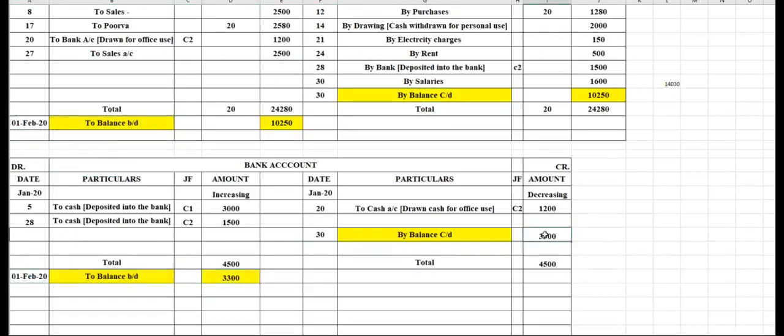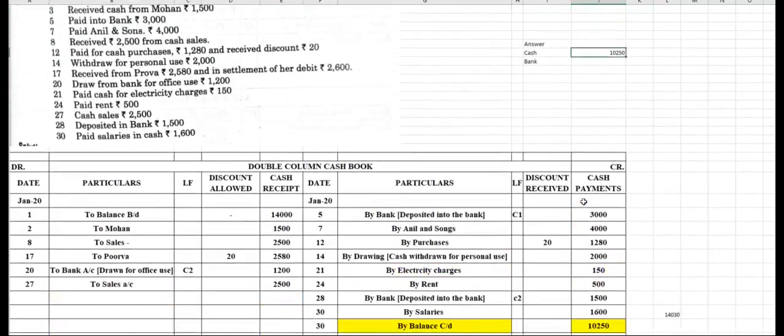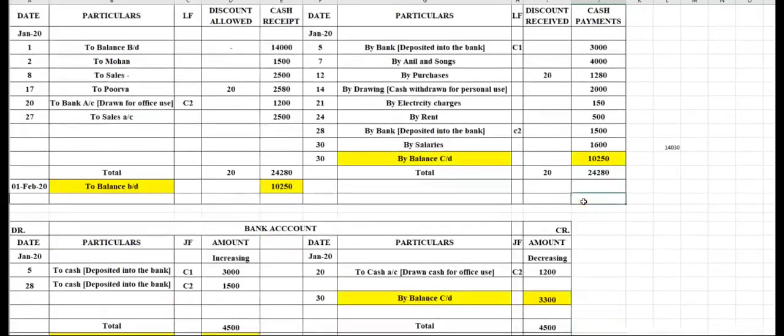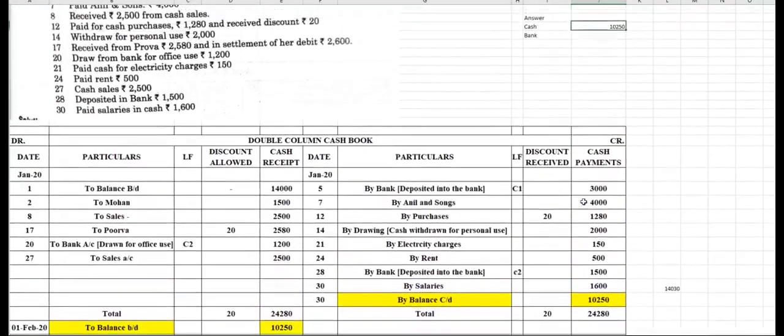Let's check if the answer is right. 10,250 should be the cash balance, and the bank balance they have not written in the textbook I have sent, but we have solved here. 3,300 should be the bank balance.